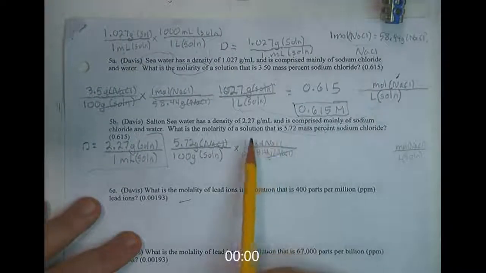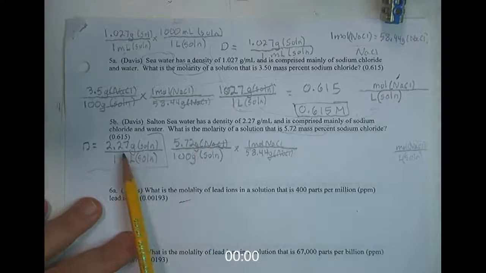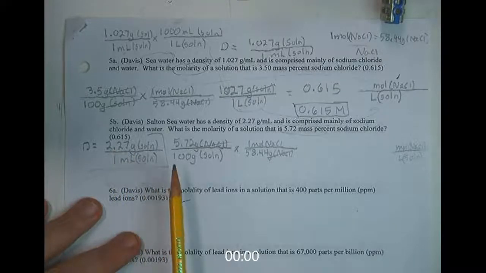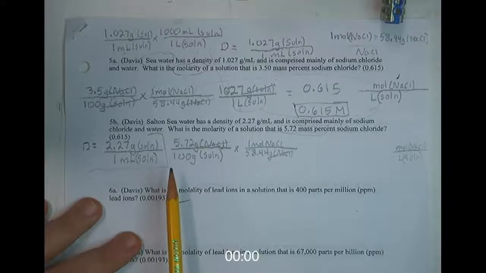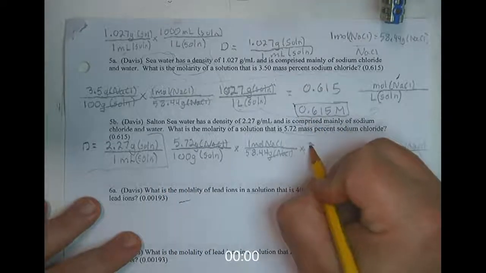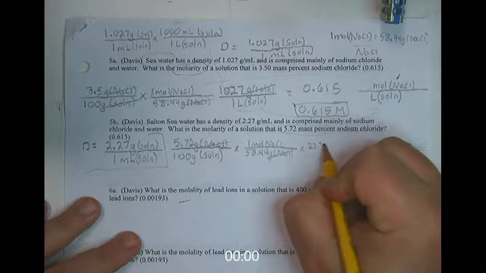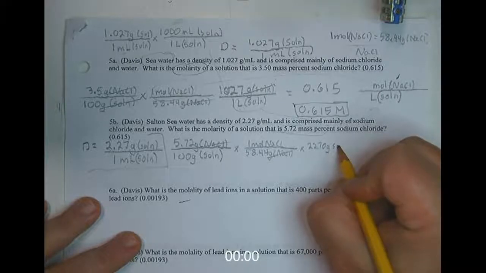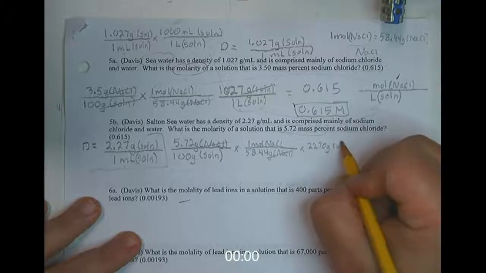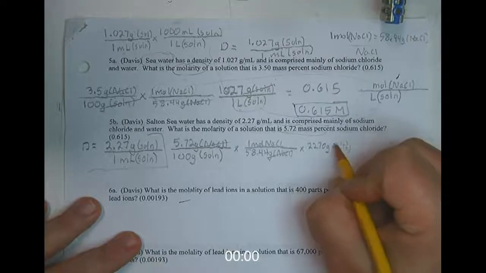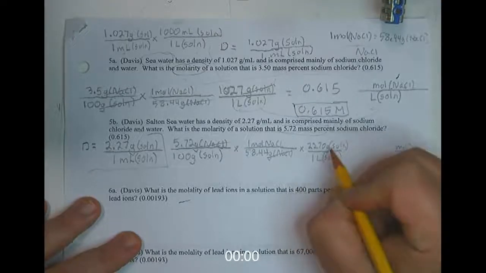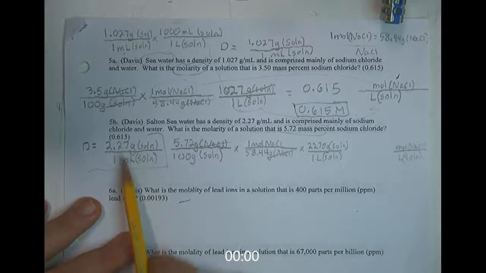Okay, now I'm going to take this and you remember that we simply multiplied this by 1,000 and this by 1,000 to get our conversion. So that gives us 2,270 grams of solution for every 1 liter of solution. I just multiplied this by 1,000 to get that.